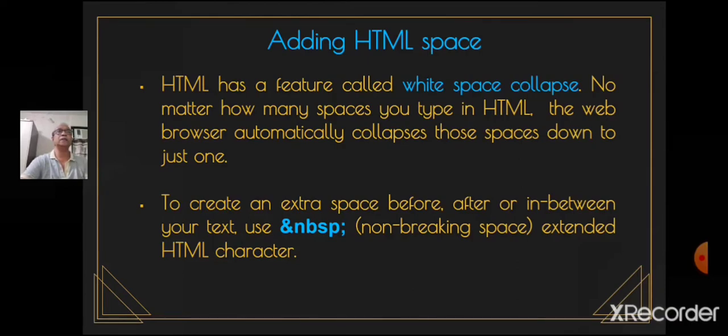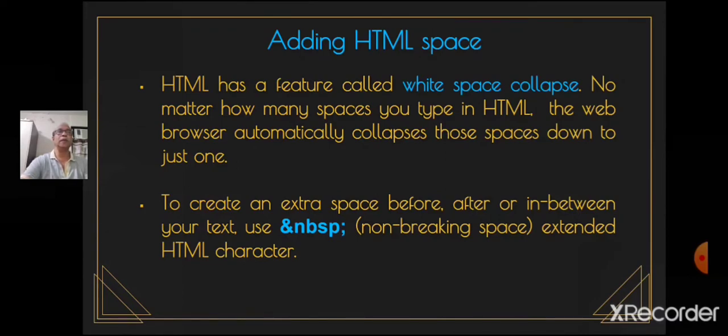It has a feature called whitespace collapse. No matter how many times we press the space bar, the browser will reduce them to a single space. So the question is, how to add space in HTML? In order to create an extra space before, after, or in between your text, we can use ampersand sign NBSP extended HTML character.